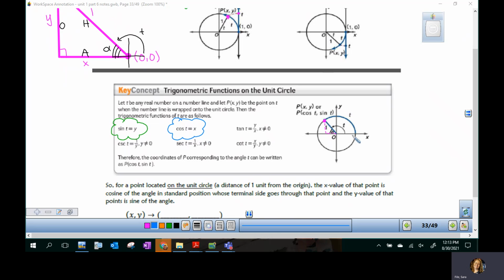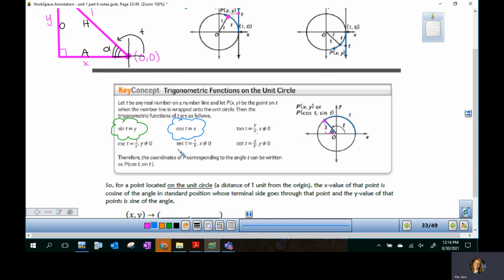And cosine of that angle, t, is the x value of that ordered pair of the point that it intersects. Now tangent, what's tangent's ratio? Opposite over adjacent, and that's y over x. So you can see tangent is y over x.